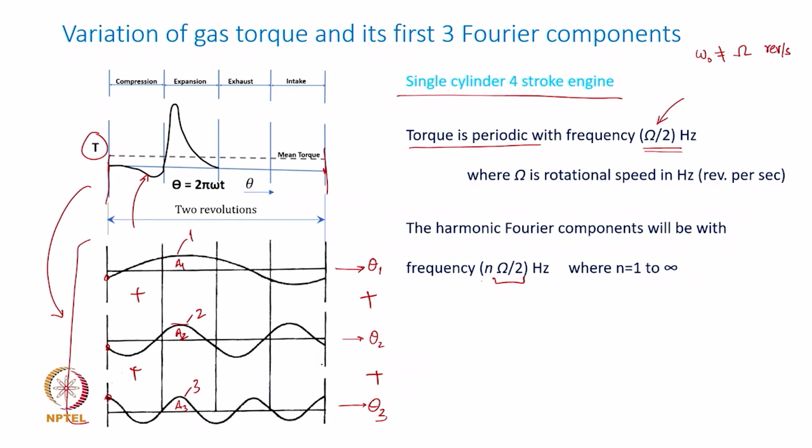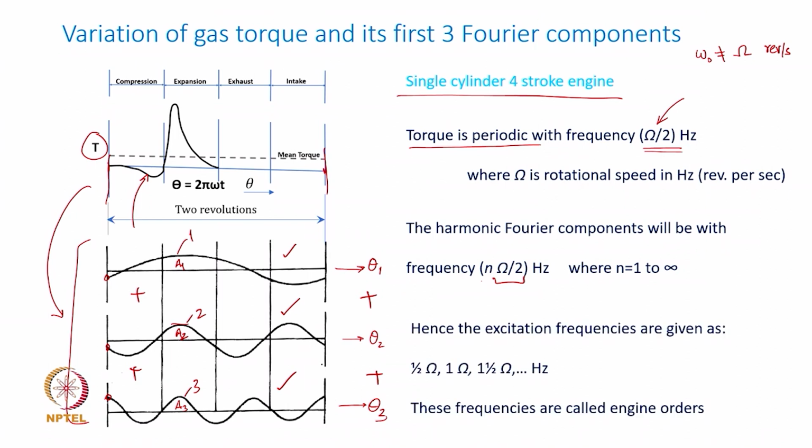So, all the components that you get, the first component will be with the frequency rho by 2, the second component will be 2 times rho by 2, the third component will be 3 times rho by 2, and so on. Okay. So, these excitation frequencies will therefore have these frequency components, half, 1 rho, 3 by 2 rho, which is 1.5, and 2 rho, and then 2.5, and so on and so forth.